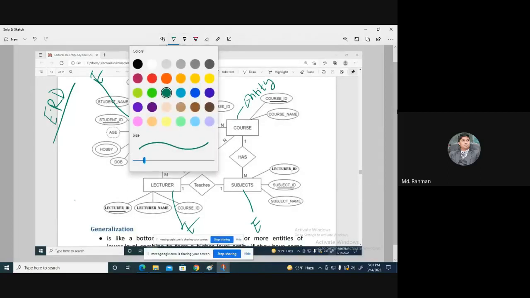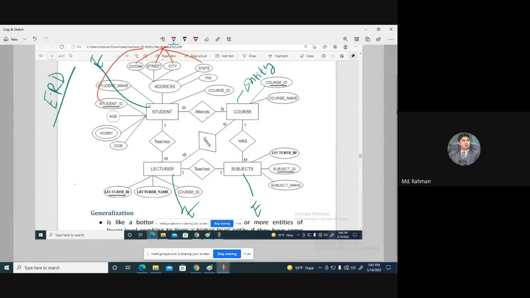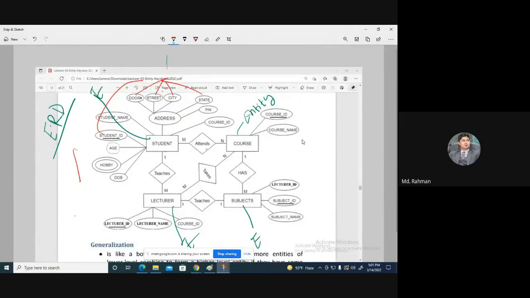Now, what are the attributes? These all are the attributes. Now, dear, the question is that this is age. It is also an attribute. This is also an attribute.